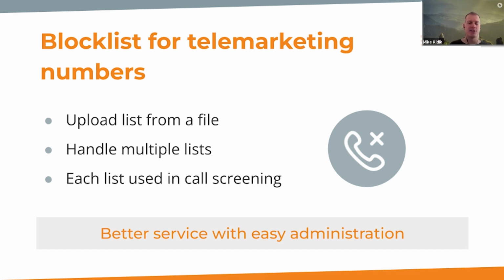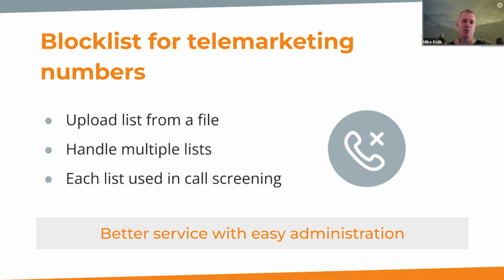The only difference is that instead of using some CLI patterns or wildcards in those patterns, or putting multiple parameters to handle the call, you just tell the system to use a particular list which is uploaded by your employees, by the service provider. This should improve the quality of service for the end users because, once you upload this list and set up the call screening rules, they should be getting fewer telemarketing calls, right?